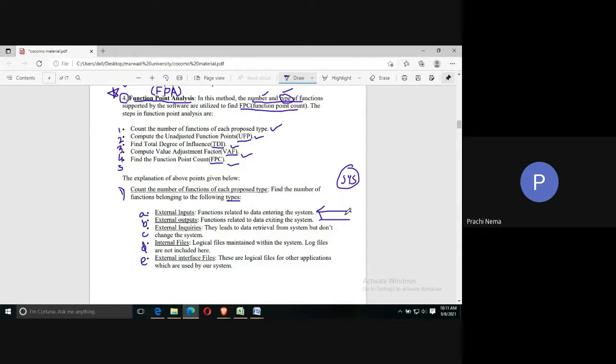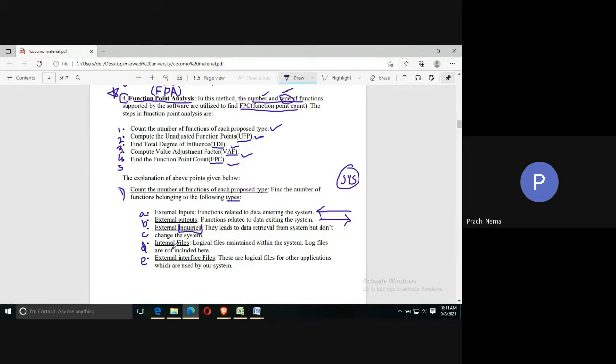All the data which is exiting the system will be external output. External inquiry is simply asking a question, like you inquire about things in normal life. In the same way, inquiry is simply extracting or retrieving the data. So external inquiry will lead to data retrieval, but it won't cause any change, because simply asking a question will not change the state of the system.